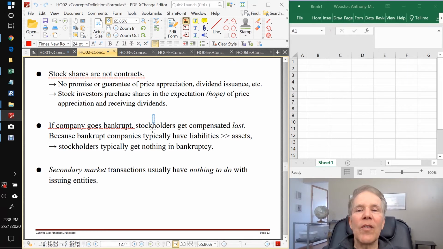Why? Because debt has these contracts where it says in the contract, if the company runs into trouble, the debt folks get paid with whatever is left of the company first. And if you're in bad enough shape that you go bankrupt, the debt holders don't get paid 100% of what they're owed, and so there's absolutely zero left for the shareholders. Okay.